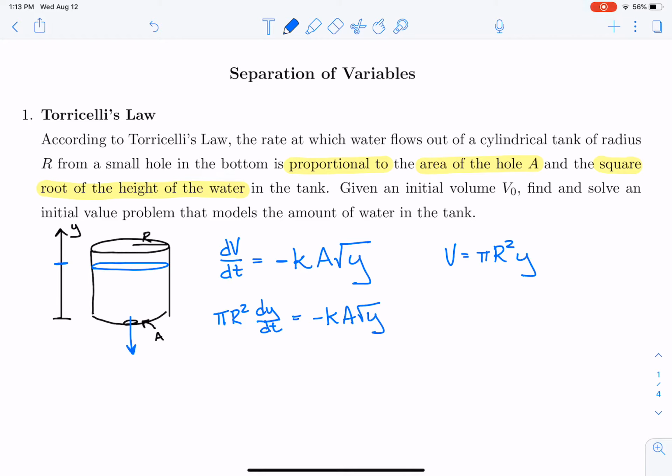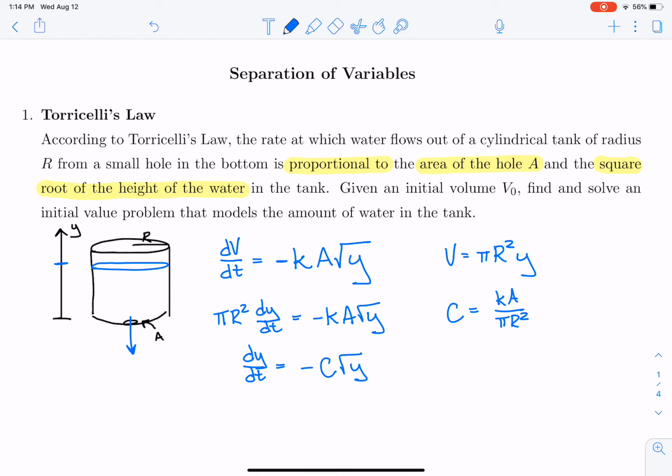So we're going to divide by pi r squared, and we're going to make a new constant. I'm going to call it c, and that's going to be kA over pi r squared. So if we divide by pi r squared, we get that dy/dt is going to equal minus c times the square root of y.